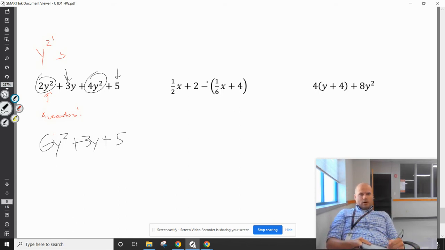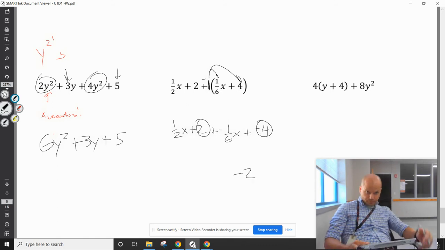Yikes. Well, again, that negative turns into a negative 1, which can be distributed. Maybe we realize what we actually have. I owe a 1/6 of an apple. I owe 4 oranges. Well, I have 2 oranges. I owe 2 oranges, right?